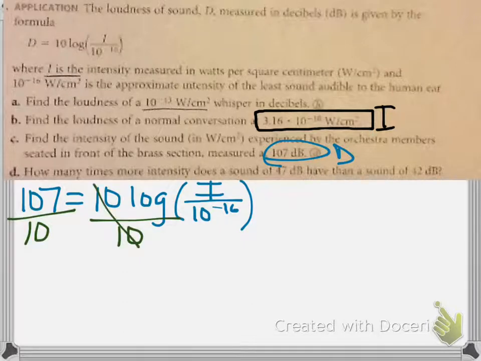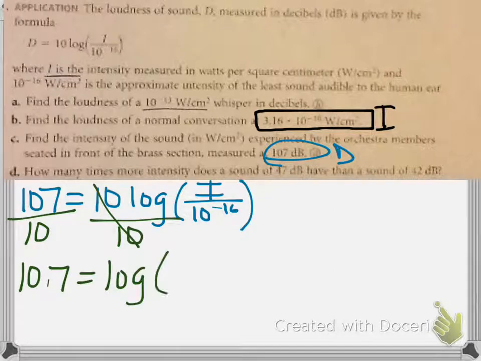So now I have 10.7 equals log of I over 10 to the negative 16th. So I'm going to have to use the definition of logarithm and change it from a log into exponential form. So remember, this is a base 10. And now I'll go in and label all my parts. So log, the base is always b.